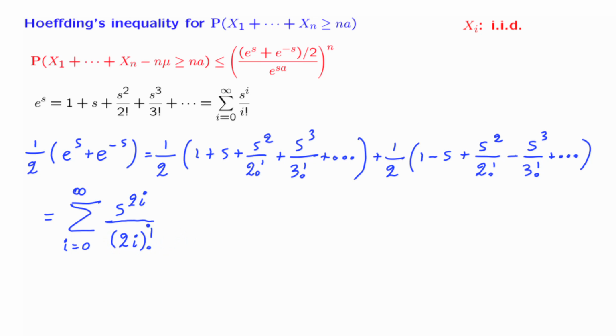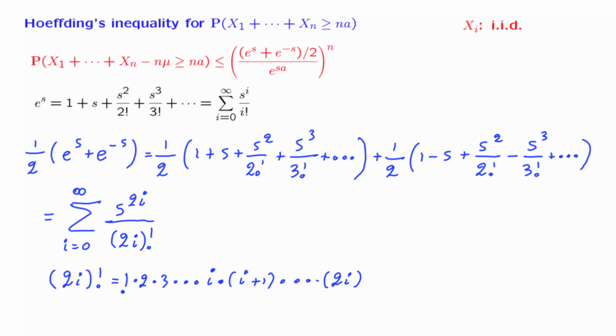Now let us get a bound on this term in the denominator. (2i) factorial is 1 times 2 times 3 all the way up to i, and then we continue i plus 1, i plus 2 all the way up to 2i.